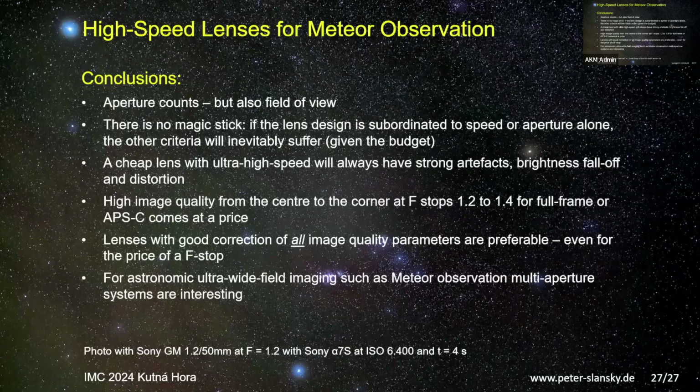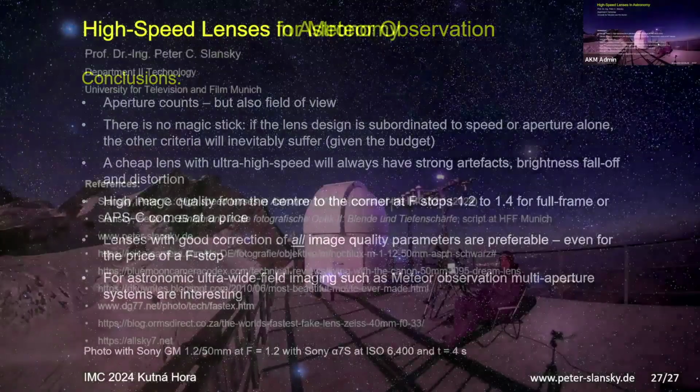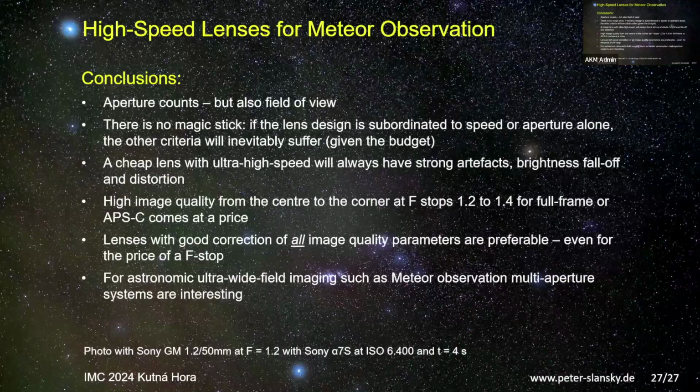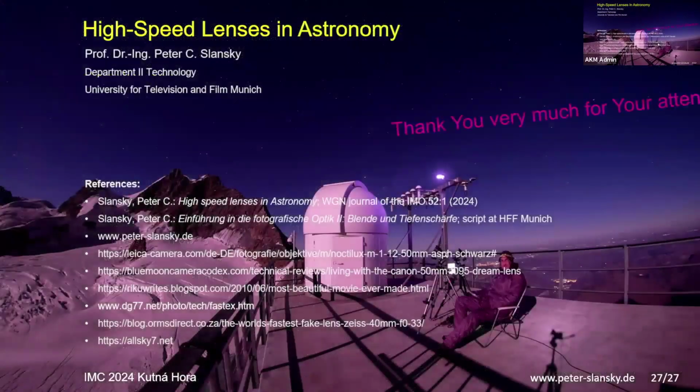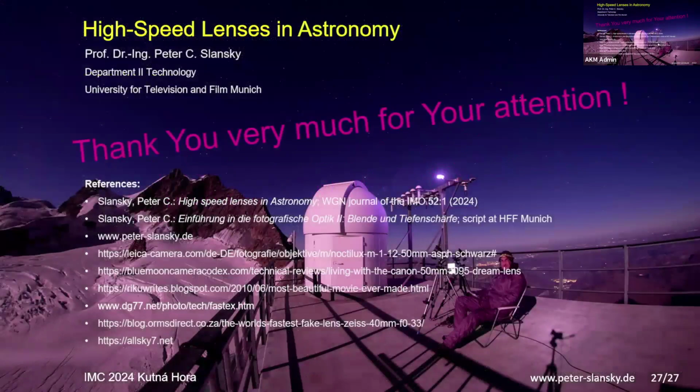We are here above €2,000, but it's worth the price. So for astronomical ultra wide field imaging, such as meteor observation, especially all sky, multi-aperture systems are highly interesting. I'm racing a little bit, but thank you so much for your attention.